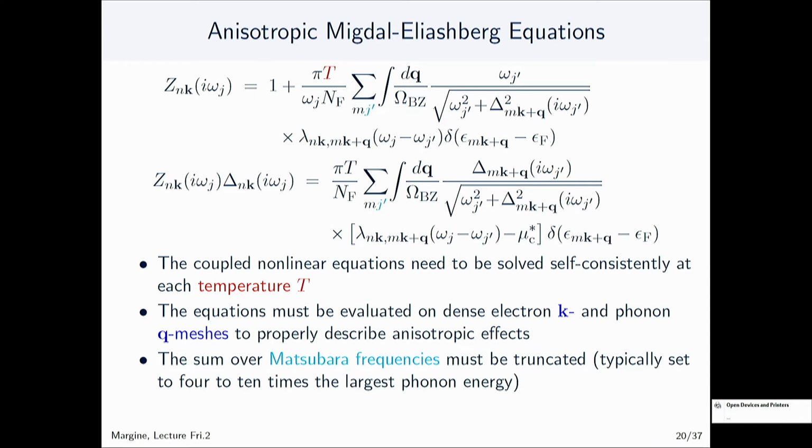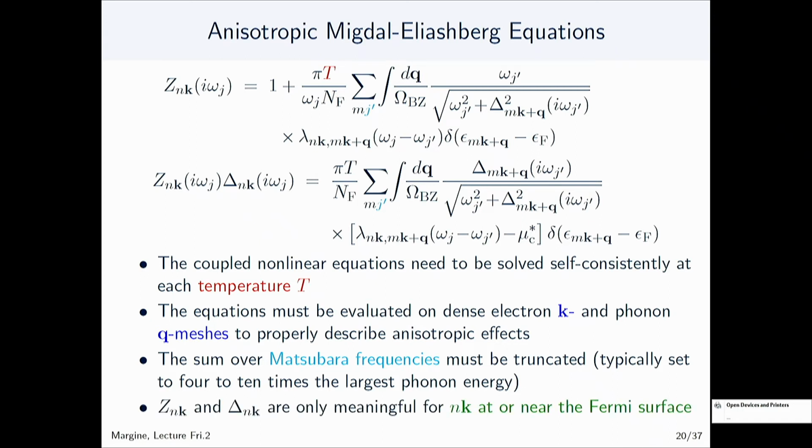Third, you also have this sum over the Matsubara frequency. In principle you should go to infinity, but in practice we can't do that, so we need to truncate this somewhere. Typically we set this frequency up to the point where omega j prime is about 4 to 10 times the largest phonon frequency in your system. This is a convergence criterion that you will need to check.